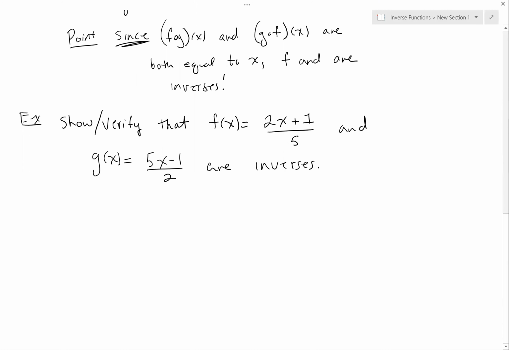If you can quickly solve a simple algebraic equation for x, like what would you need to get x by itself? Well, first of all, you'd have to multiply by 5, right? So if you're just looking at f of x here, to get x by itself in that expression, you'd first have to multiply by 5 to get rid of the denominator. Then you'd have to subtract 1 to get the 1 out of the numerator.